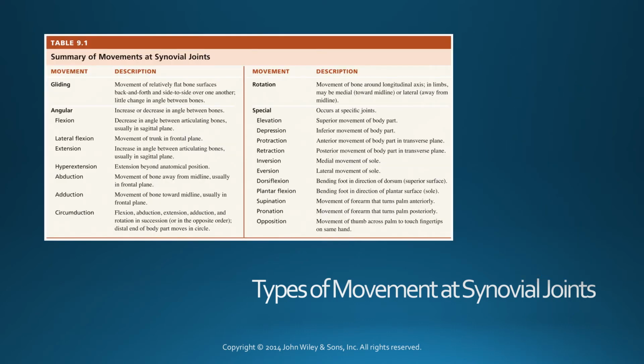Here is a table of the movements at synovial joints. We're going to have gliding, the angular movements, rotation, and then all these special movements, and it gives you a description of each, so it'll help you to remember and memorize each of them.